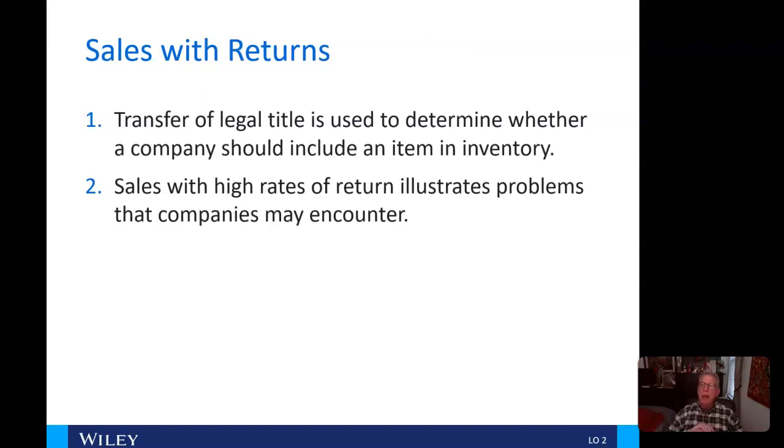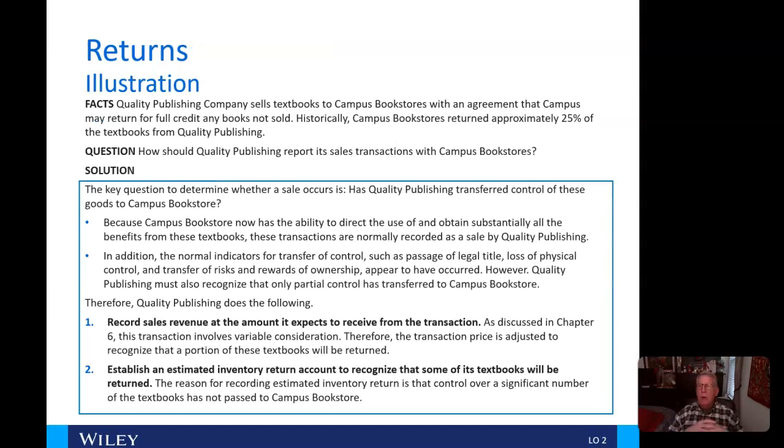Okay, sales with returns. The transfer of legal title is used to determine whether a company should include an item in inventory. So if you have sales with high rates of return, that's going to illustrate problems that companies may encounter. So here is an example.